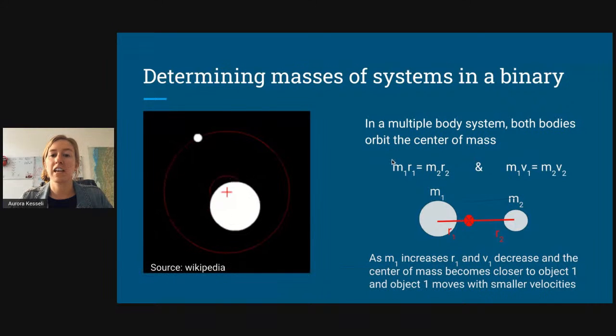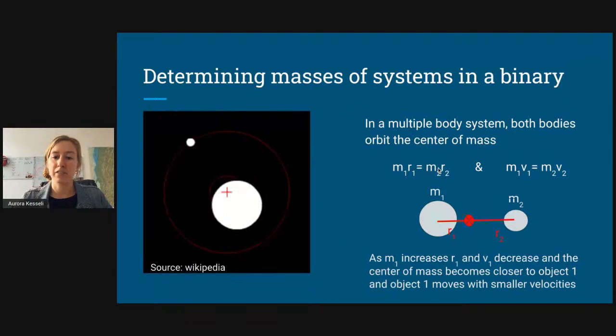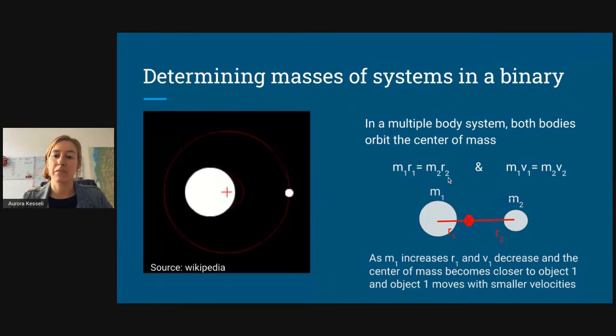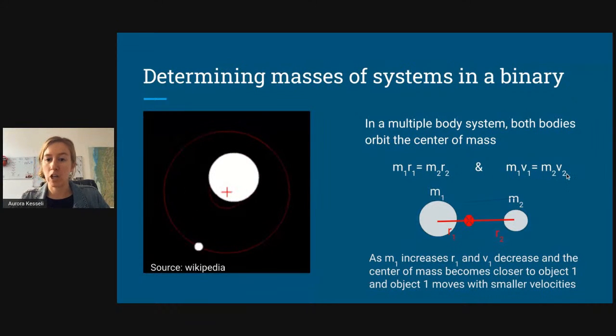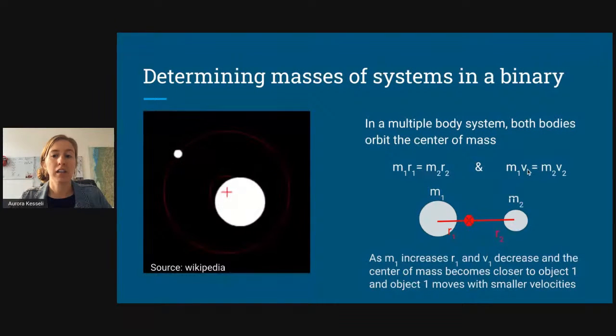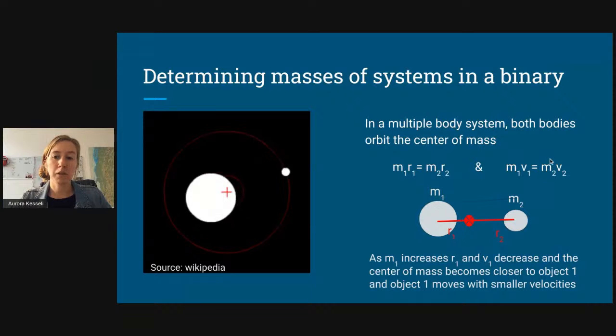As you can see, as the mass gets larger for M1, the distance has to get smaller, and vice versa. If M2 is smaller, then the distance to the center of mass is larger. And you can also talk about this with velocities. As M1 is larger, it's going to have a smaller velocity, and as M2 is smaller, it's going to have a larger velocity.